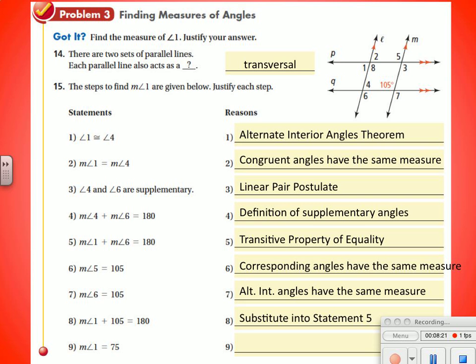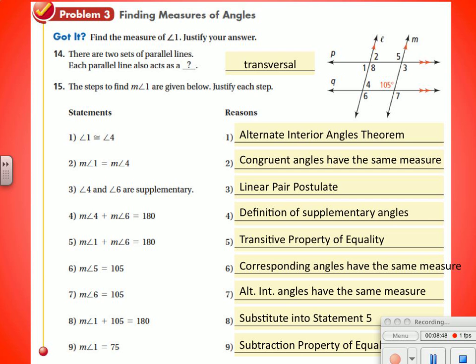Statement 5 says the measure of angle 1 plus the measure of angle 6 equals 180, so I'm just substituting in 105 for the measure of angle 6. And finally, we subtract 105 from both sides, and we get that the measure of angle 1 equals 75. Now, there's a whole bunch of ways that we could have done this to get to the measure of angle 1 being 75.